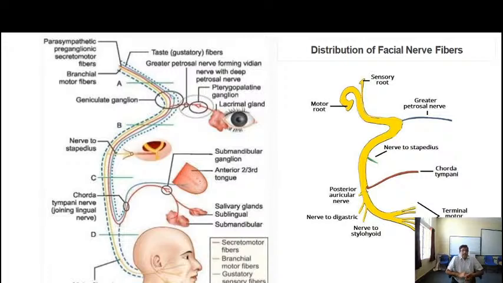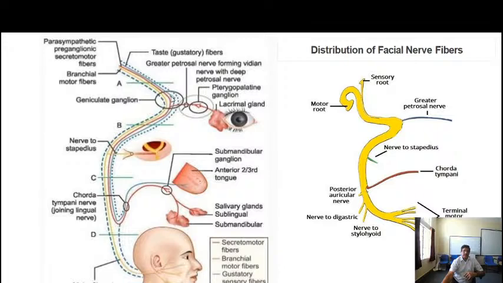Then this is another diagram which will tell us how the nervus intermedius of Wrisberg joins the facial nerve, the motor root, at the pontomedullary junction, and then travels towards the internal acoustic meatus. From there it comes into the temporal bone.